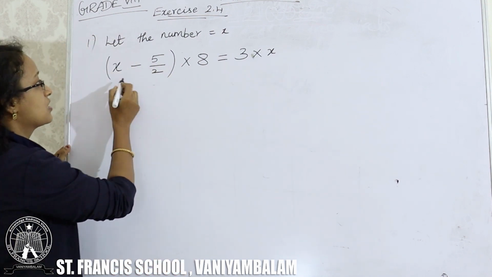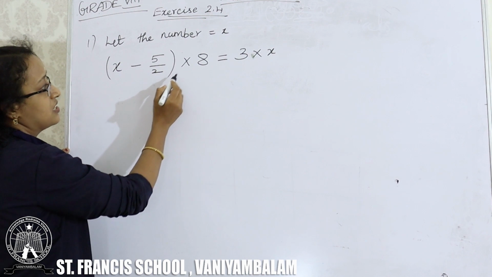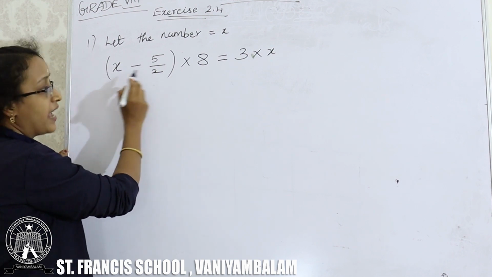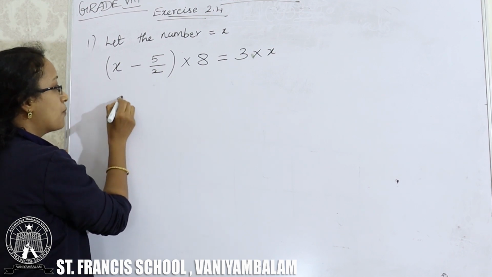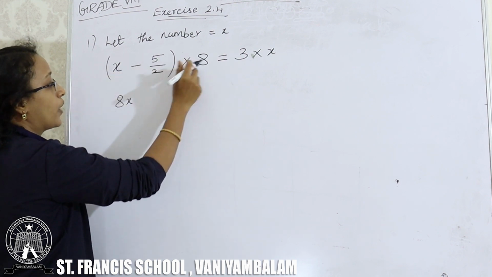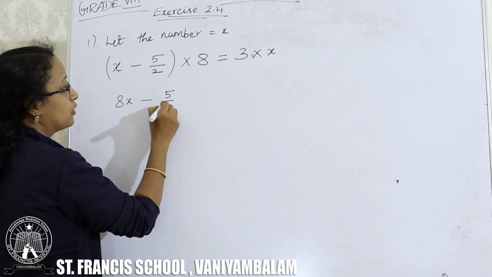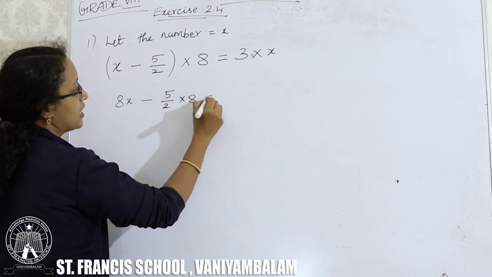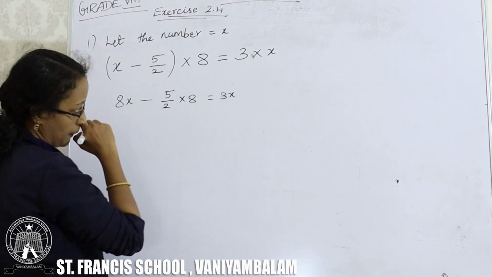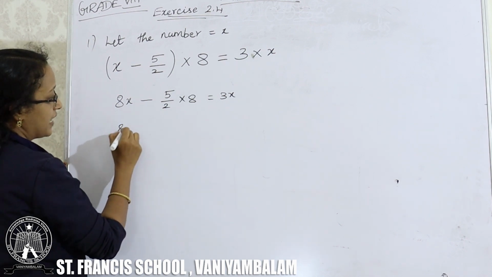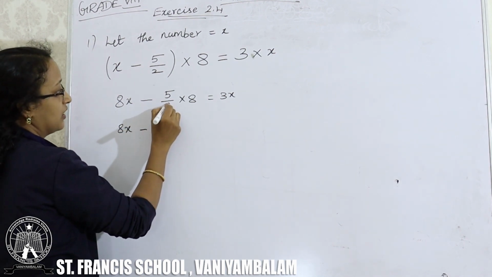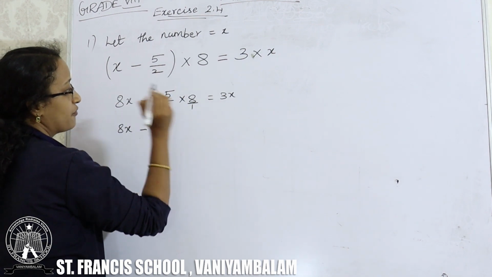So how will you do this? Here you have brackets. This 8 is common for both x and 5 by 2. So when you multiply inside, 8 into x is 8x, minus 5 by 2 into 8, is equal to 3x, right? You can write any number as a fraction.